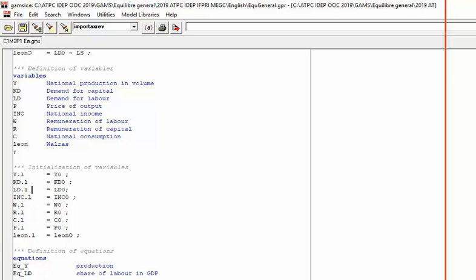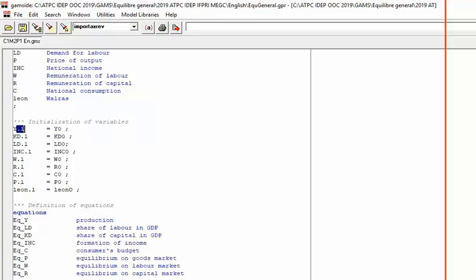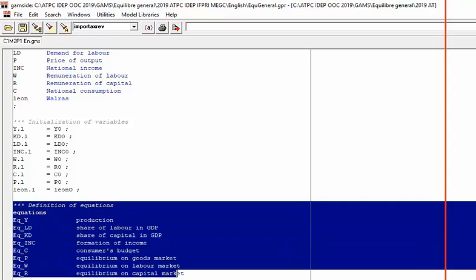You understand why I use the same notation for a variable and a parameter, but of course the parameter ends with 0: y0 is a parameter, y is a variable. This is why I have to specify a suffix which is .l, which means the current value of variable y is equal to y0. And then you've got declarations of equations.